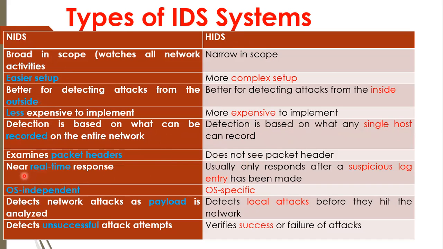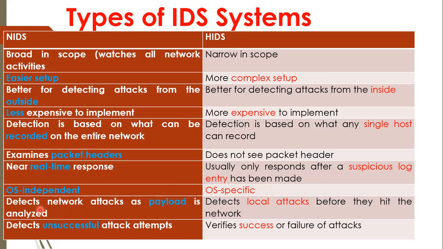In NIDS, a very near real-time response is possible, whereas in HIDS, only if you have suspicious log entries will it consider it an intrusion. NIDS is operating system independent, and HIDS is operating system specific.